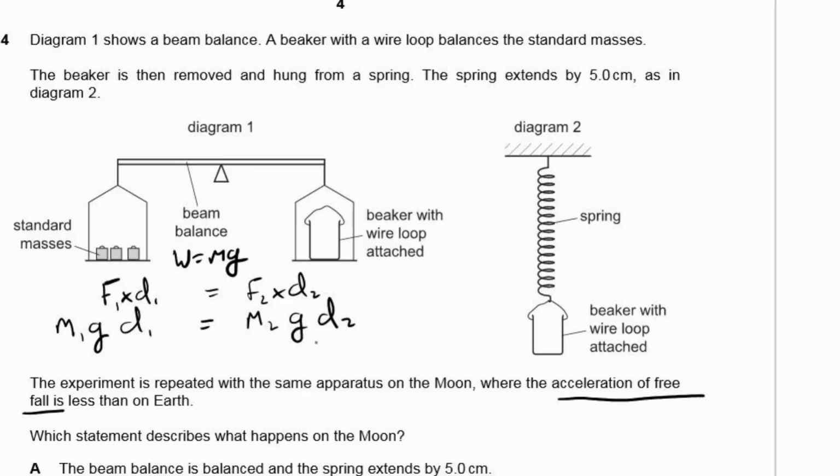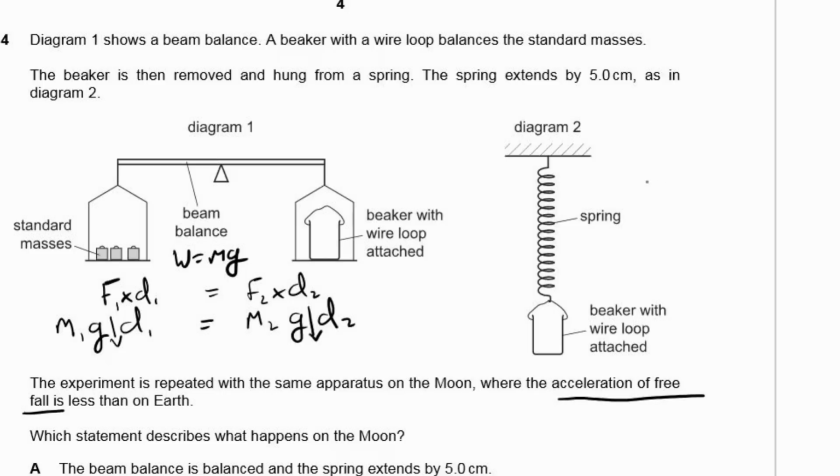Now there's no difference in our g on either side. So if I take that up to the moon, well, the numbers on each side will fall by the same amount. There'll be a smaller value for the gravitational acceleration, which means that if it balances on Earth, it will also balance on the moon.